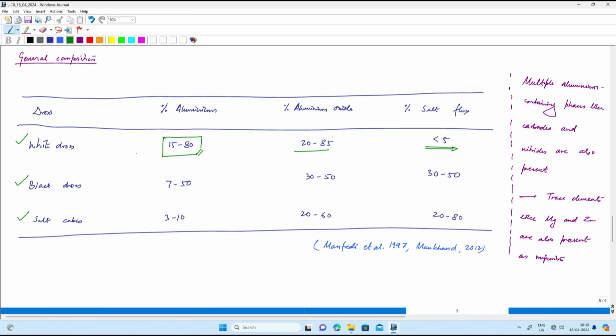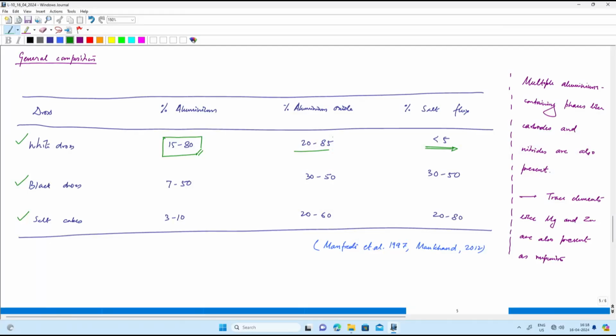From a primary smelter, if aluminium is being lost as dross, we'll have a large percentage of metallic aluminium in it, along with the aluminium oxide entrapping it, and a very low concentration of salt flux. Black dross, however, has a lower concentration of aluminium, a higher concentration of aluminium oxide, and a larger concentration of salt fluxes. This could be coming from a secondary smelter unit or secondary remelting unit.